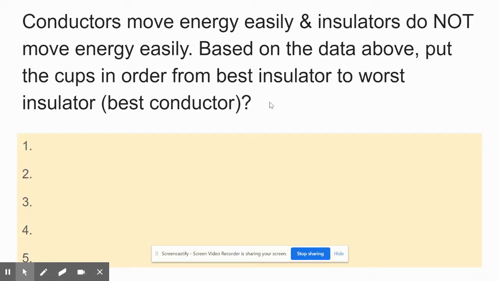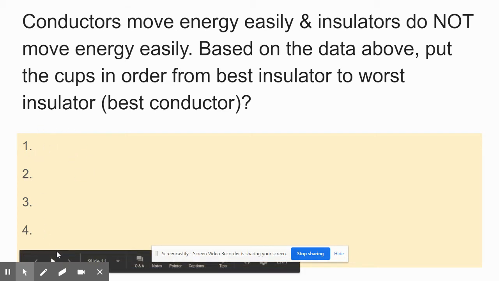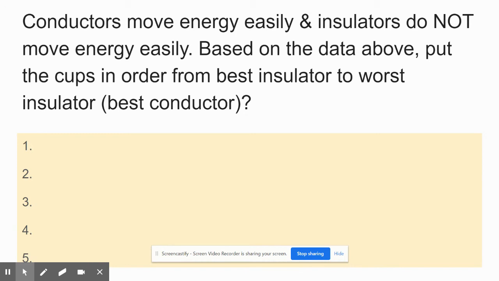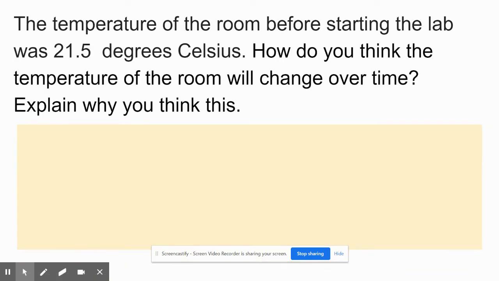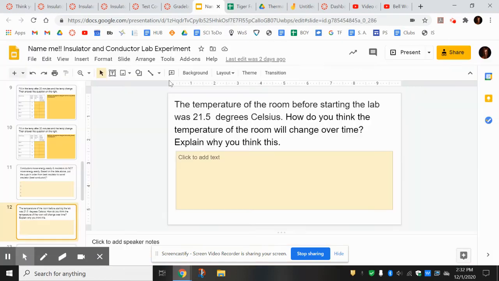Hey, this one, make sure you've ranked from best insulator to worst insulator. This is slide, I think it's slide, well, let's see, slide number 12. The temperature of the room before starting the lab. So tell me what you think will happen based on the fact that the water temperature is 42 degrees. Room temperature is 21.5 degrees.